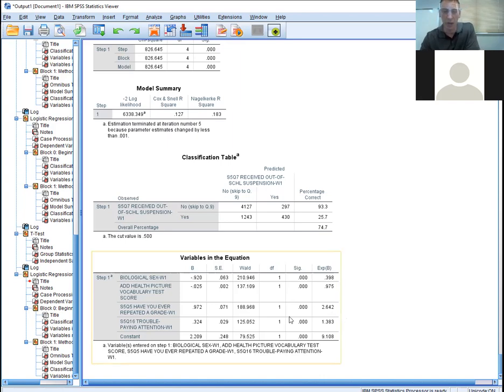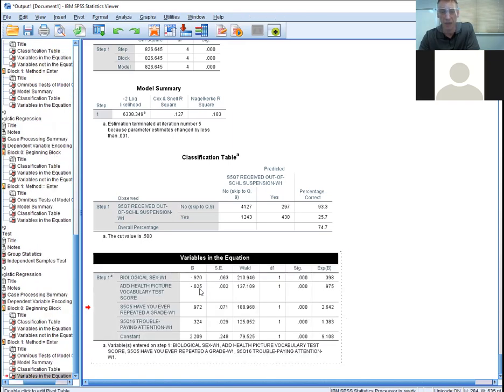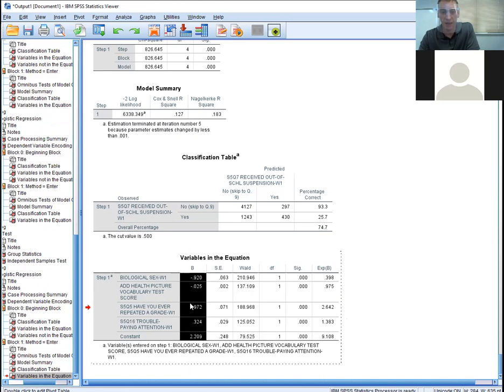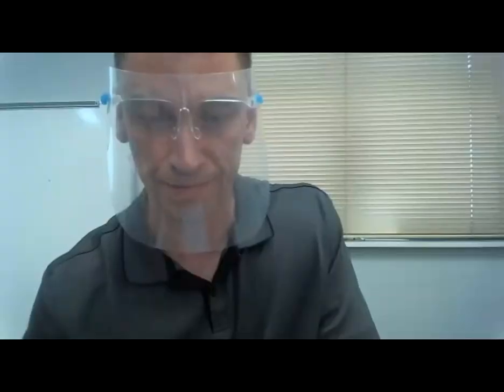Okay, and so if you want to use this equation to predict the probability of suspension for some certain set of characteristics, a real easy way to do that is you can just cut and paste like this, and then paste that right into Google, and then you would want to go back and use this equation.